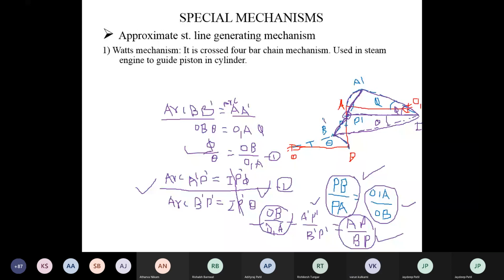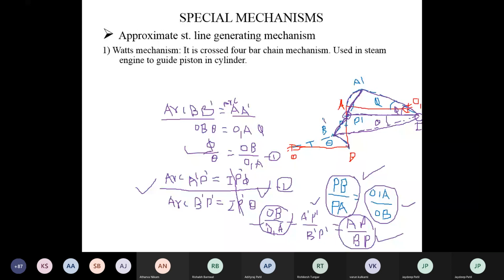You will get this I is a ICR of the link B dash A dash. When the link AB is displaced from its position, it get inclined. When it get inclined, the displacement हो गया. Okay, कौन सा भी line ले लो, एक link ले लो. Okay, when it is displaced from its position, उसका कहीं पे तो ICR रहेगा. ICR means center of rotation रहेगा. About that point it get displaced.